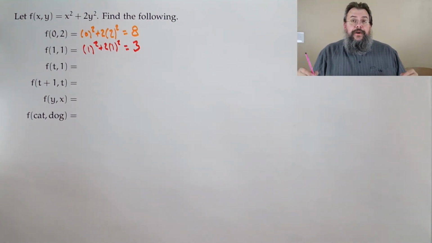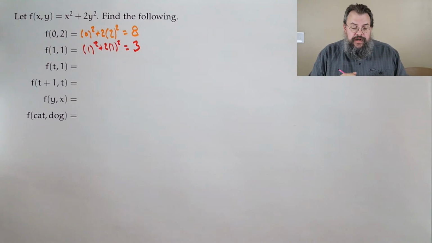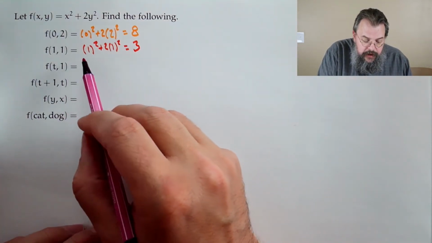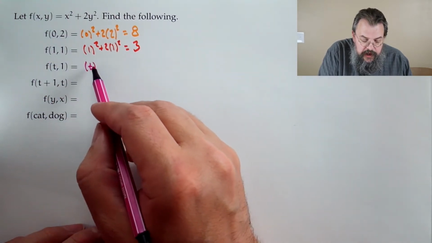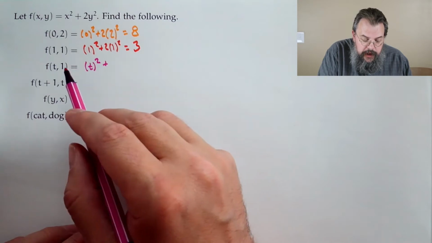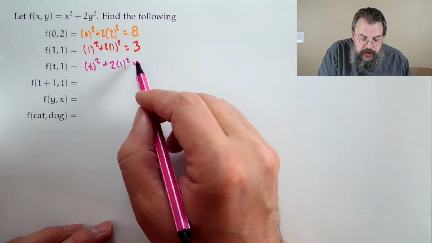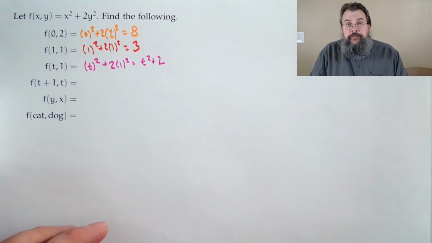Now what we're plugging into the x slot is t, and what we're plugging into the y slot is 1. So replace x by t: t squared, and y we replace by 1: 2 times 1 squared. That becomes t squared plus 2.